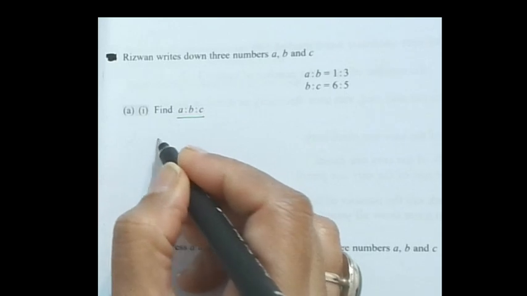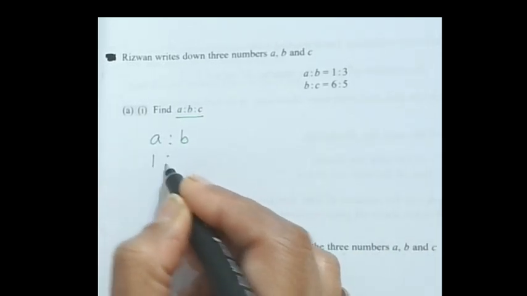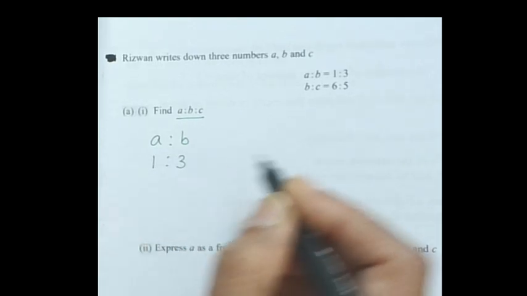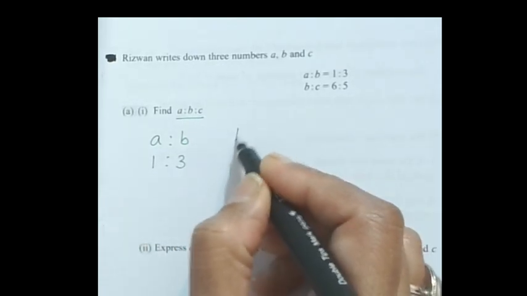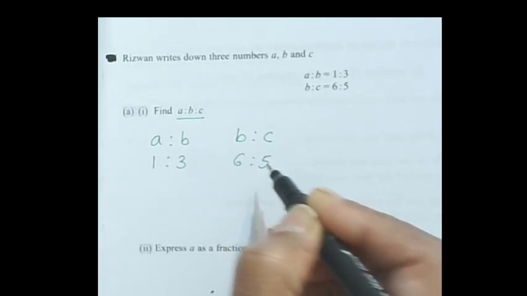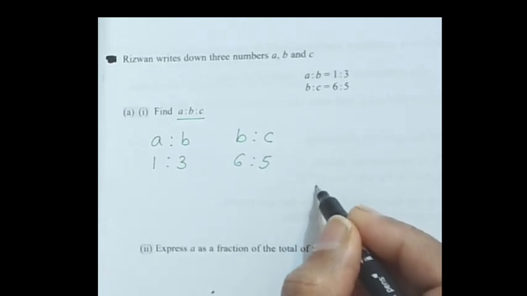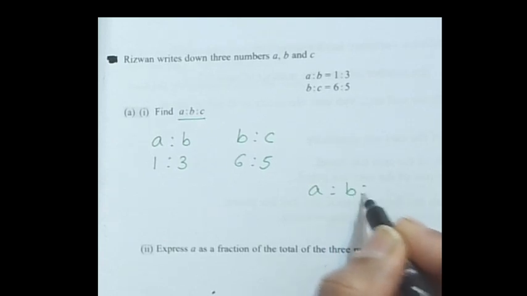They have told us A ratio B is 1:3, right? Next is B ratio C is 6:5, and you need to write your answer in A ratio B ratio C.